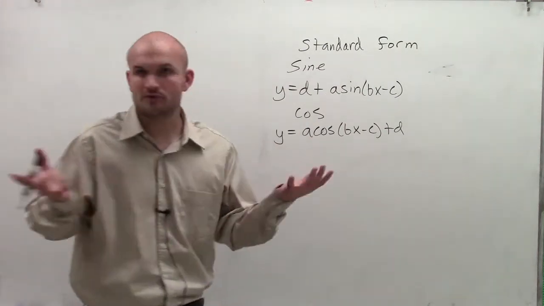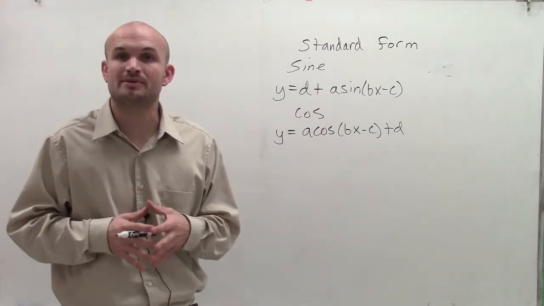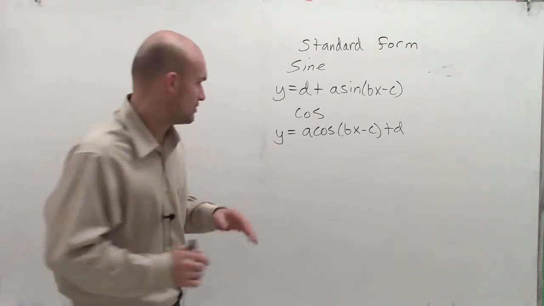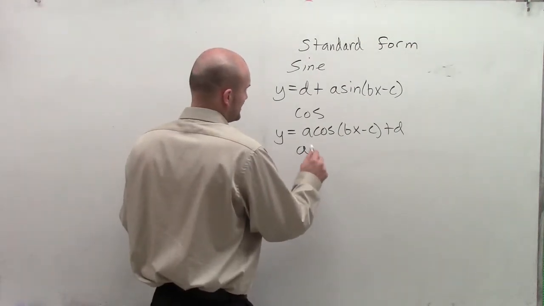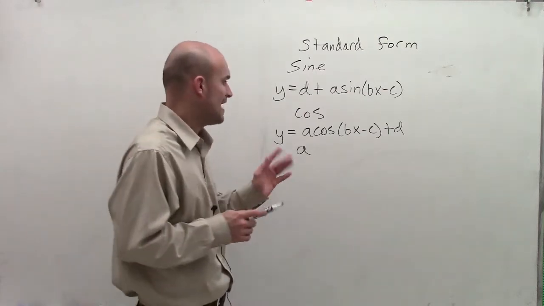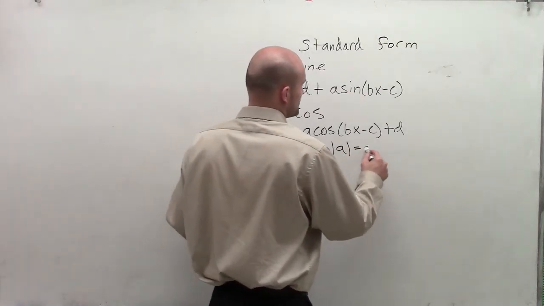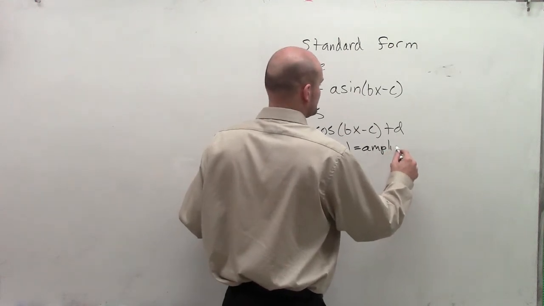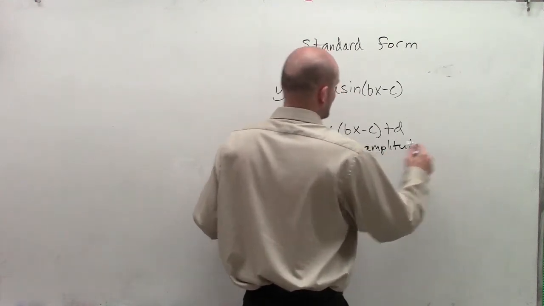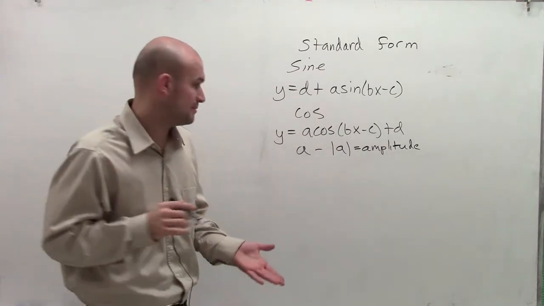So let's go through the alphabet, and I'll quickly explain what each term is used for and how it affects our graph. Let's first look at the a. The a has a couple of options that it's going to do. First, the absolute value of a is going to equal our amplitude. So that's going to be half the distance between the maximum and the minimum of the graph.